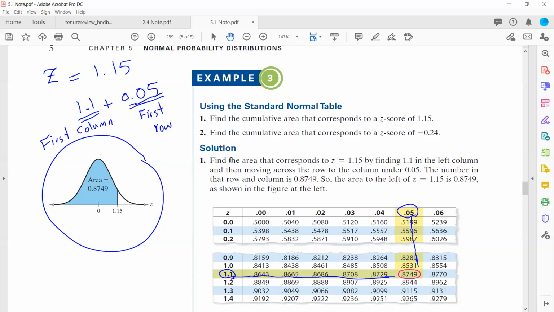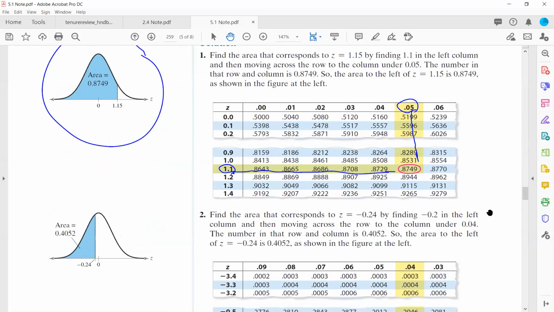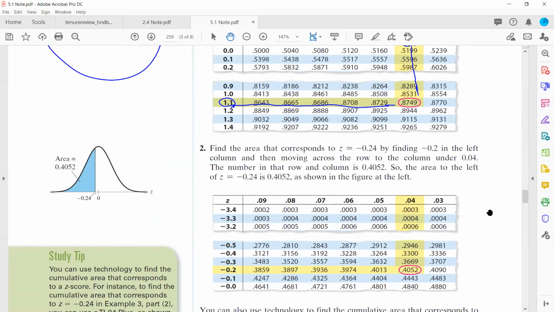Let's check the second example. The second example says, now find the cumulative area that corresponds to z-score -0.24. So this is your z-score now. Since your z-score is negative, we cannot use the same table. We have to use a different table, the negative z-scores. So you have negative 0.24, it is negative 0.2 and 0.04.